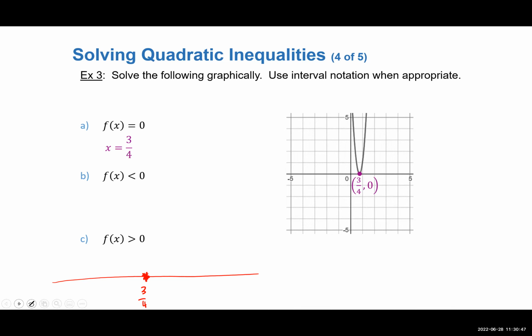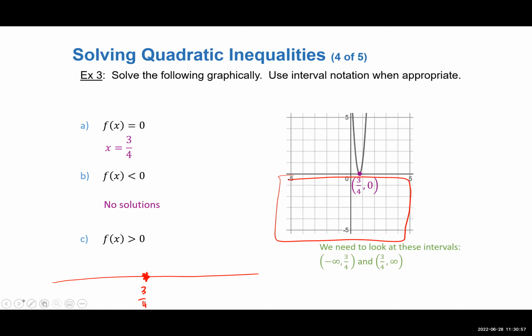Where is it below? I don't think it's ever down here. So then we would say never, no solution. When is it above? All the time, except 3/4. So we'd say from negative infinity to 3/4 and 3/4 to positive infinity. That's how you exclude 3/4.